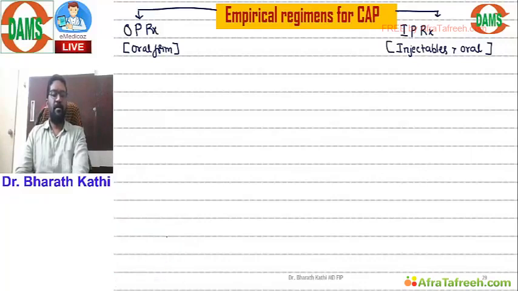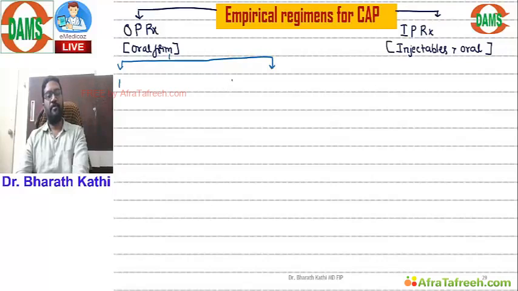Now if it is an outpatient treatment, next thing you should inquire is whether this patient has comorbidities. Comorbidities in the sense patient might be having diabetes, hypertension, chronic kidney disease, liver disease, chronic lung disease, all those. No comorbidities.